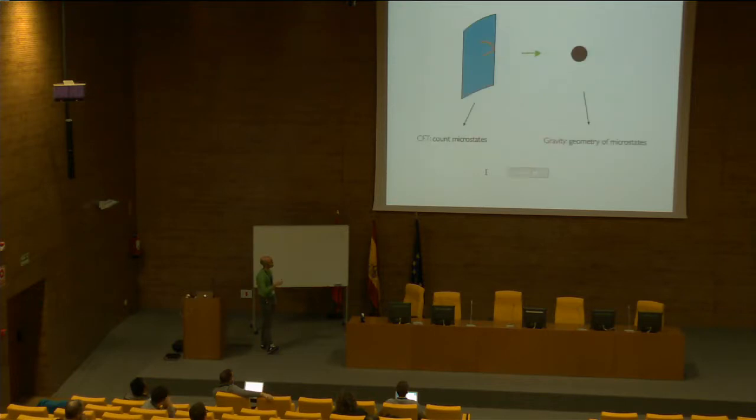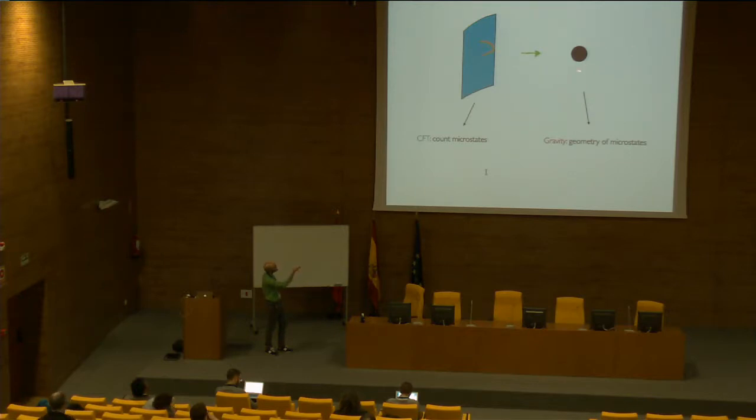So the general strategy that was already followed by Strominger and Vafa is to use this side of the duality to count microstates, and actually the counting and the extrapolation to the gravity side is possible because you have protections. These are BPS states.